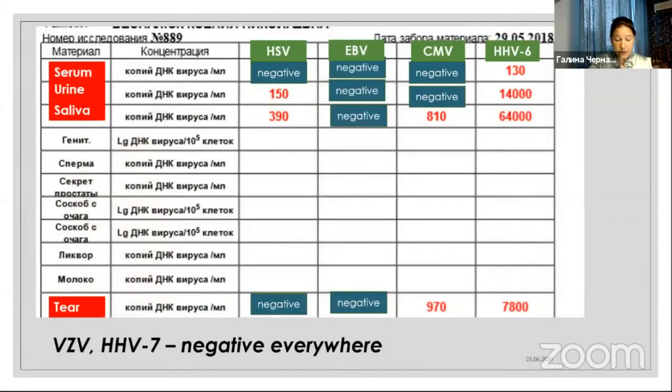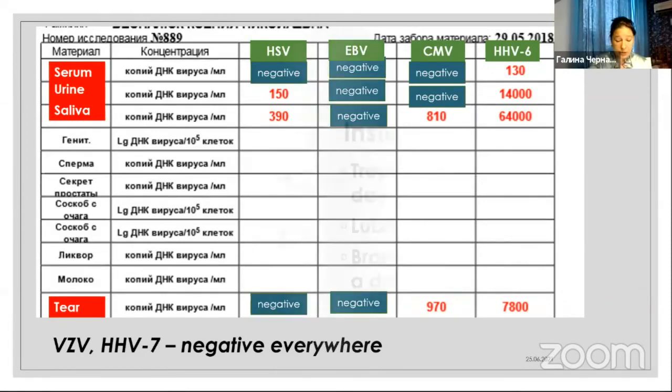We performed quantitative PCR in tears, saliva, serum, and urine. Varicella zoster virus and human herpes virus 7 were negative everywhere. Relatively small amounts of herpes simplex virus and cytomegalovirus, probably due to short courses of nucleoside analogs previously, and in all 4 biological secretions, human herpes virus 6, with a maximum in saliva, 64,000 copies.